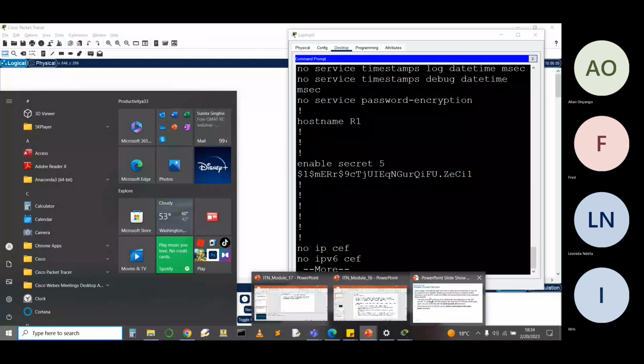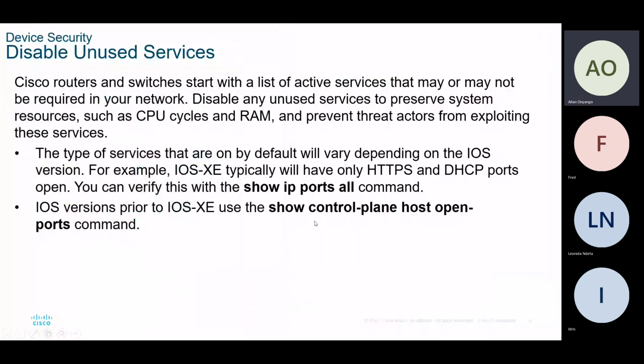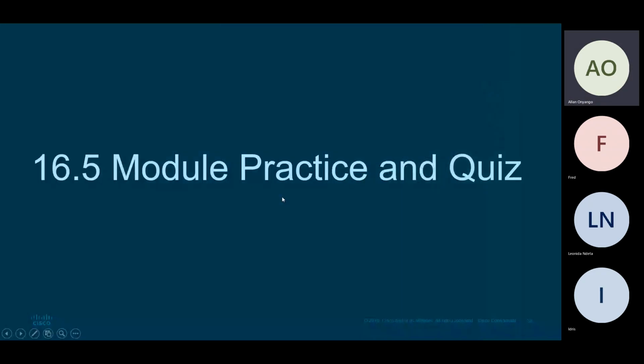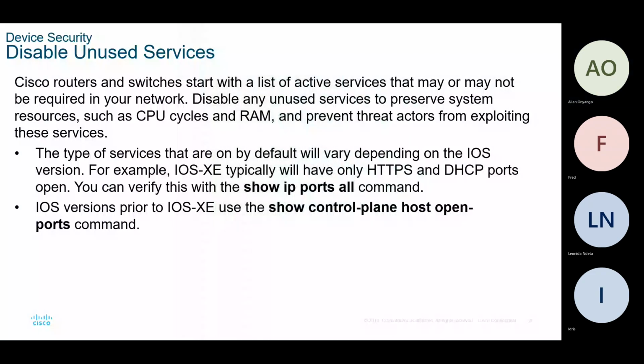All right. So this part is telling us that devices always come with some services that need to be disabled because they are normally unused. It's important to always leave them disabled, and we will be talking about some of them soon. Things like HTTP, because routers come with a certain element of a web server.